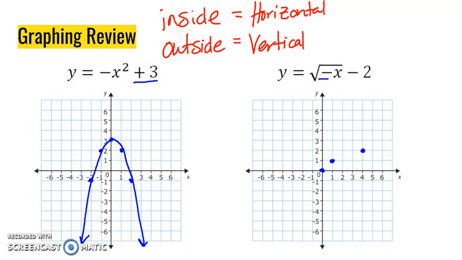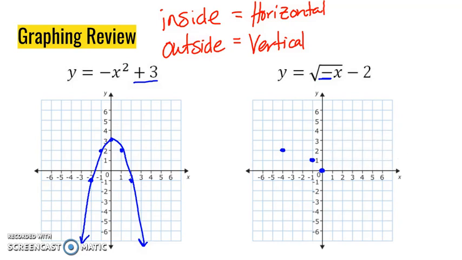Well, this negative is on the inside of the square root, so that is going to cause a horizontal flip, meaning whatever's over here is going to flip to this side. There's a horizontal change occurring here. So my (0, 0) stays where it is, but (1, 1) flips, and (4, 2) would flip.